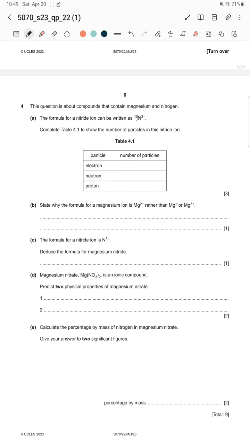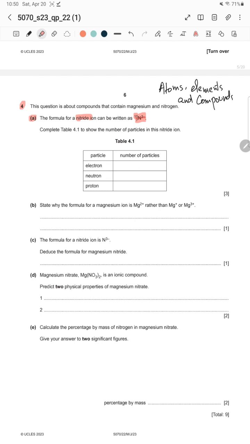So students, let's move on to question number 4. Question number 4 is from the topic atoms, elements and compounds. Part A: the formula for nitride ion can be written as this.